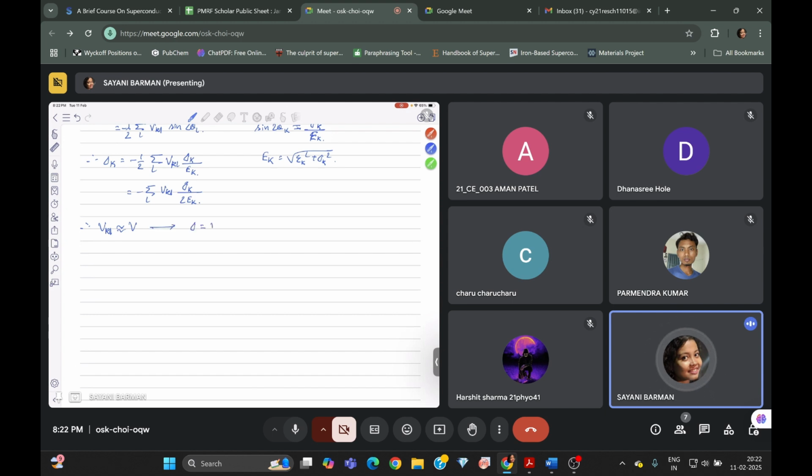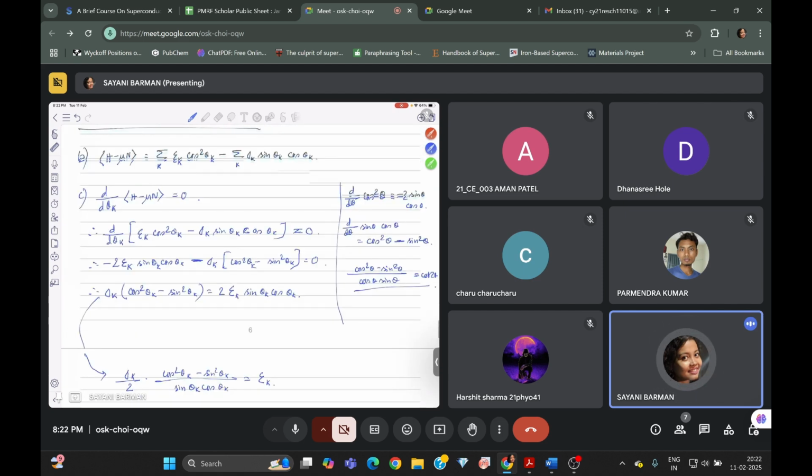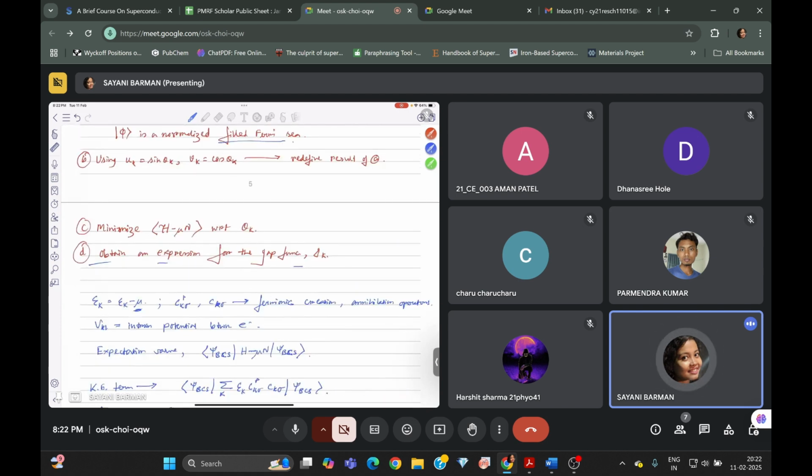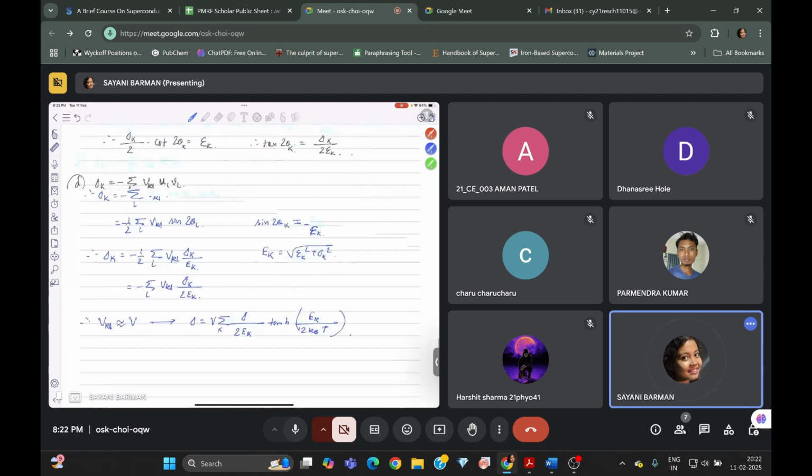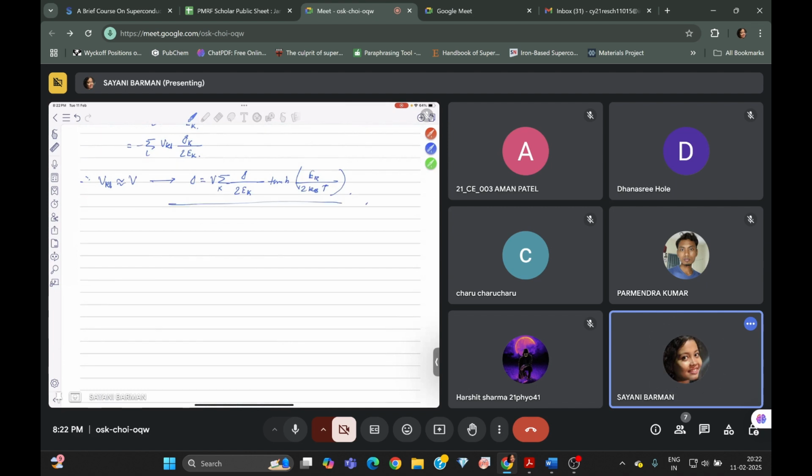Then del will be V of del Tk. Okay, which is basically the BCS gap equation. Okay, so this one is needed only, I guess, obtain the expression for the gap equation del K. So this is the final equation.